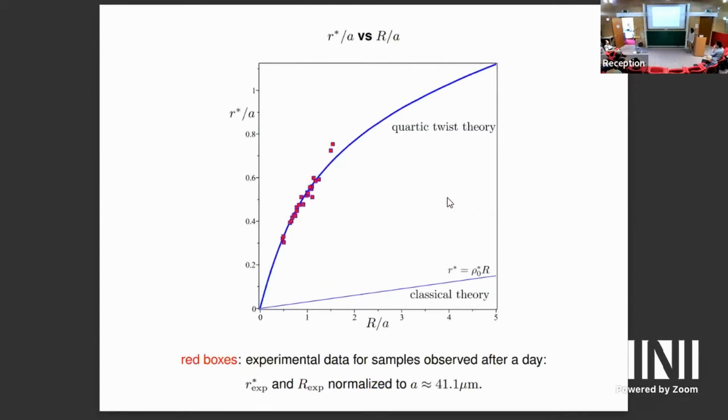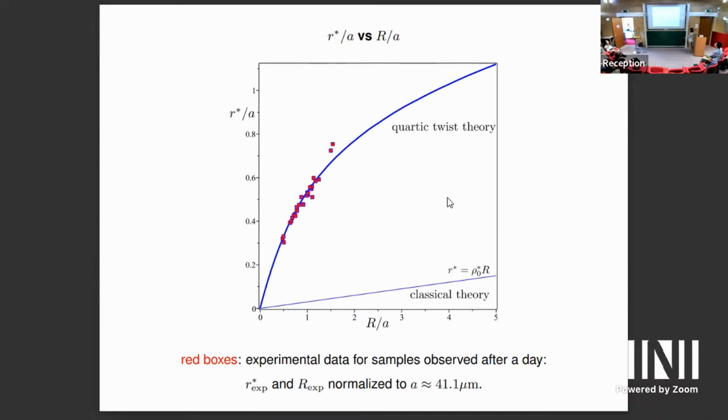And here I present the outcomes of both theories for the dependence of the radius of the inversion ring against the radius of the cavity. And the scenario is qualitatively different within the two theories.